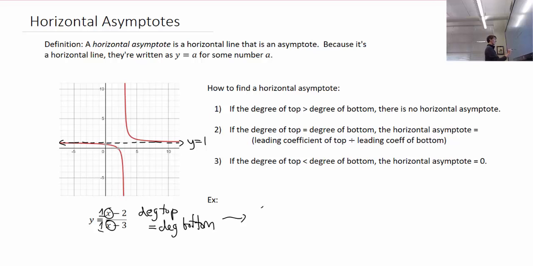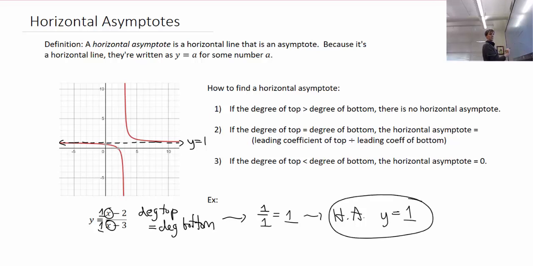So I take 1 over 1, that's 1, pretty simple calculation, and that's what tells me that my horizontal asymptote, which I just initial as HA, is y equals 1. That's my answer.